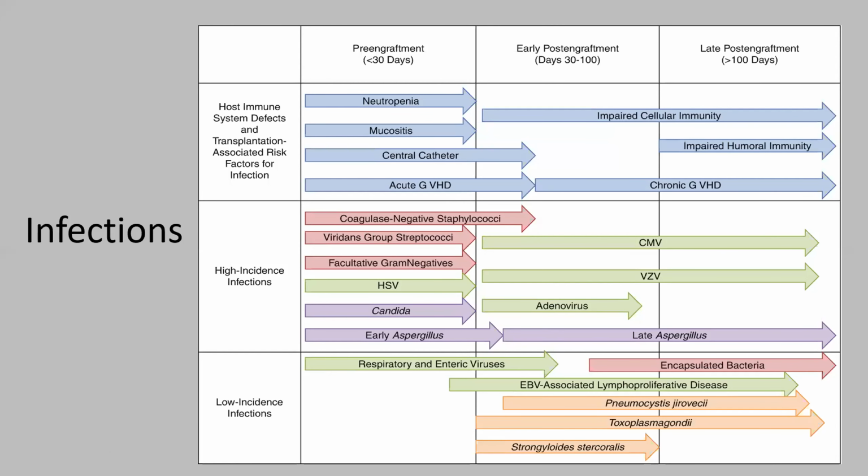So moving on to infections, I'm sure many of you have seen this diagram before, but it really shows well what one will have to look out for in the post-transplant period. So very early on, patients are at highest risk for bacterial infections because the patients obviously have neutropenia.